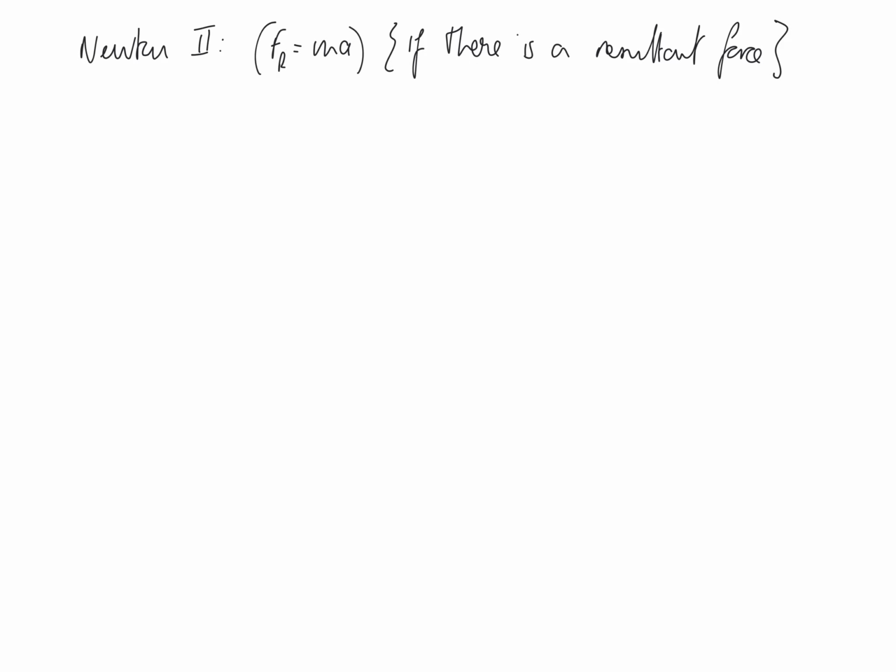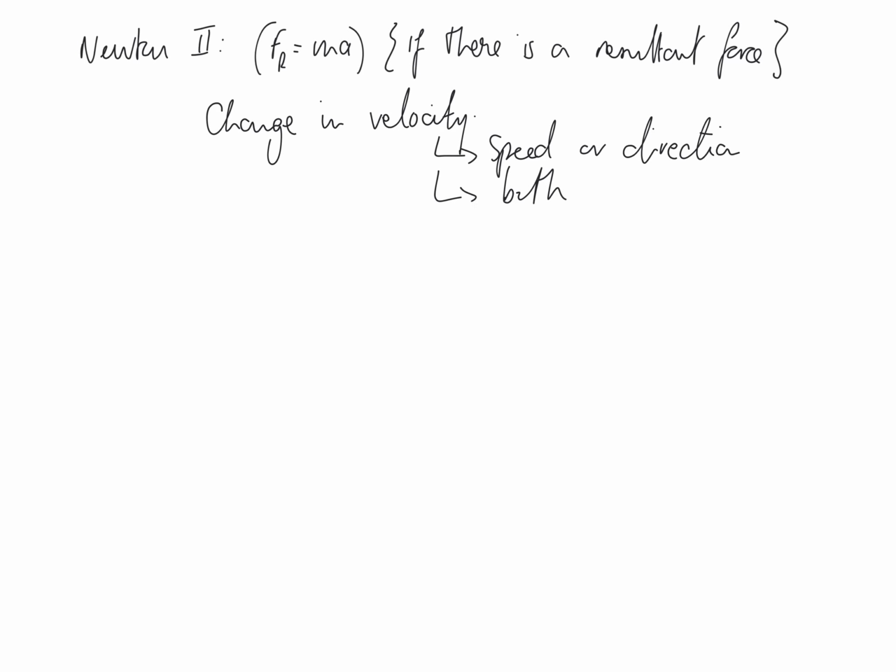And what does that do? Well, if there is a resultant force, then you simply have a change in speed. So there is a change in velocity, of which that can be either speed or direction, or both. And the amount by which that changes, the rate of change, depends upon the mass of the object.